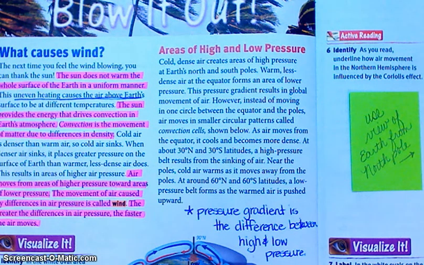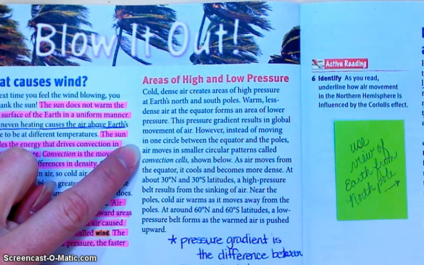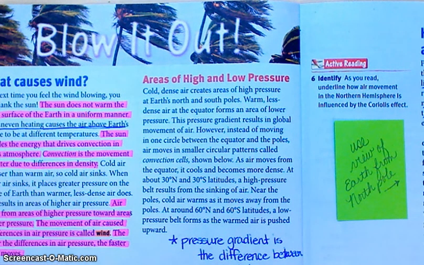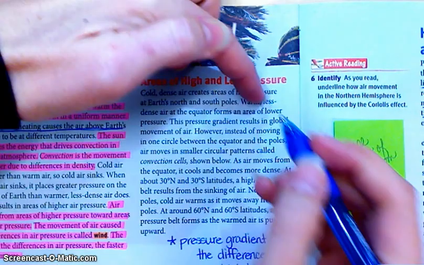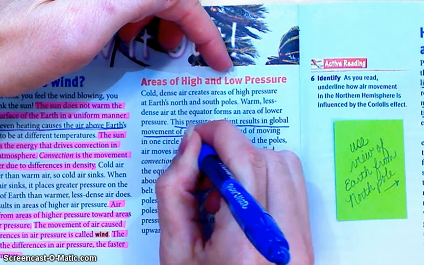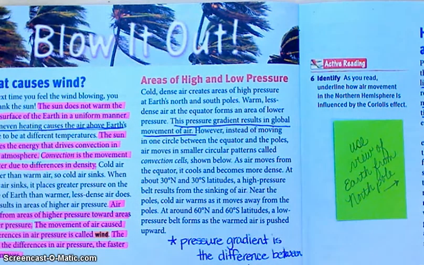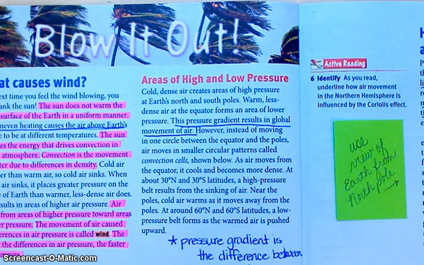All right. Then we have areas of high and low pressure. The pressure gradients that I've just talked about are what help create movement of air on a global scale, meaning worldwide. Okay? Now, we don't have one gigantic convection cell between, for instance, the equator and the pole.